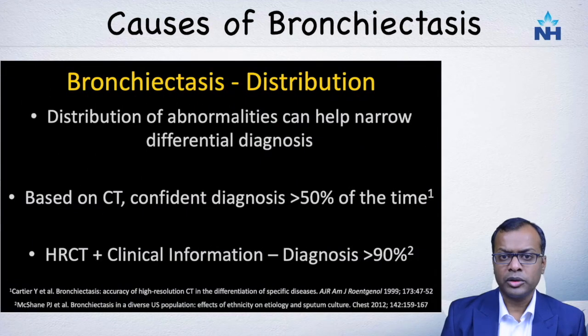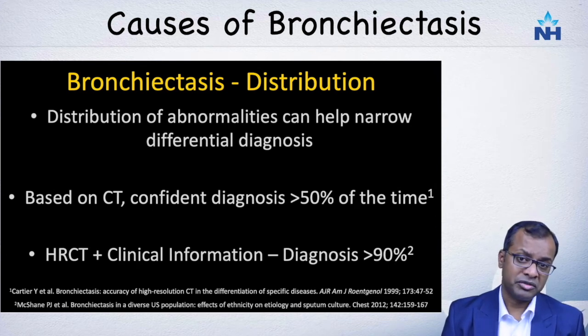The next important point of today's talk is finding out a cause of bronchiectasis. Now, just purely based on imaging appearances, you can try and decipher a cause of bronchiectasis based on the location of disease. And it is shown that if we do that, we will be as accurate as about 50 to 55% of times.